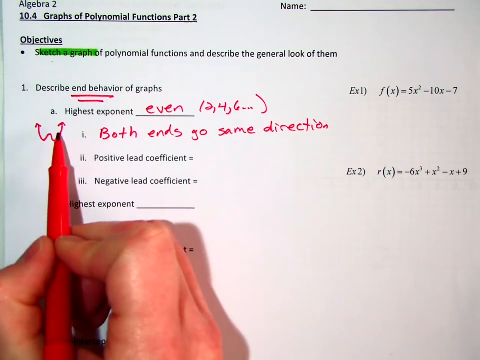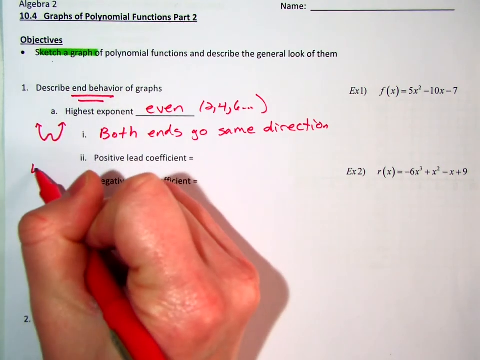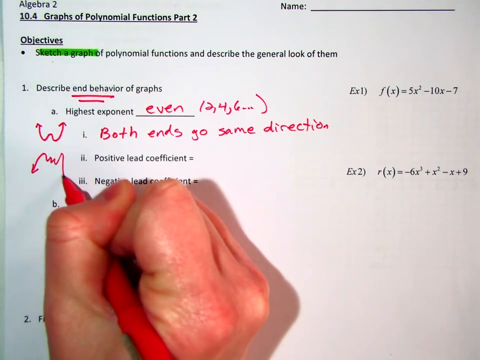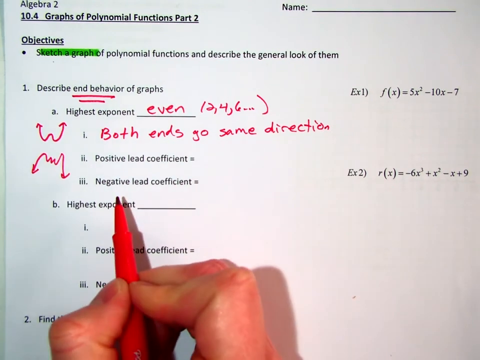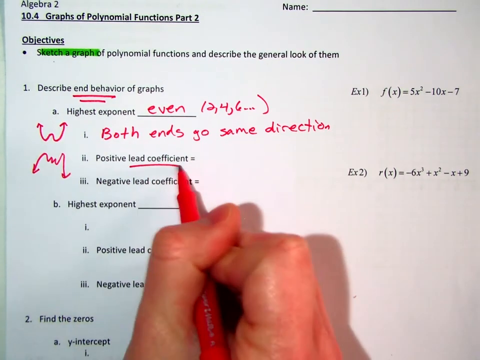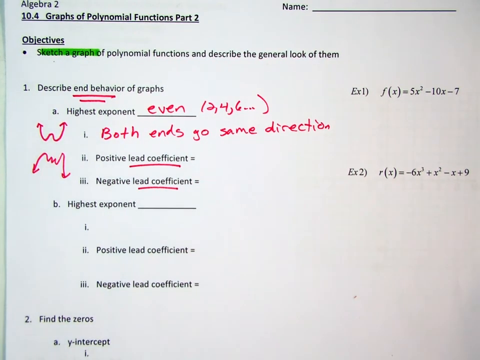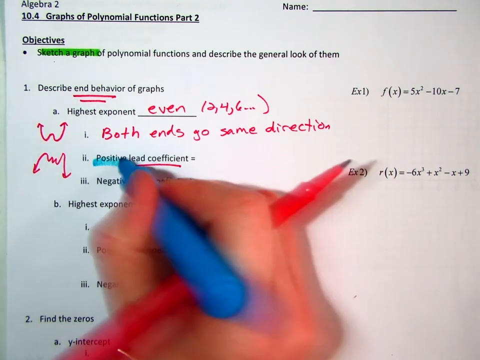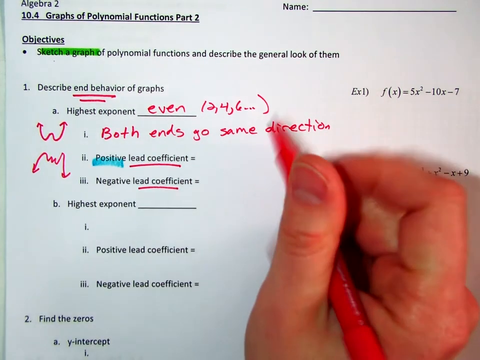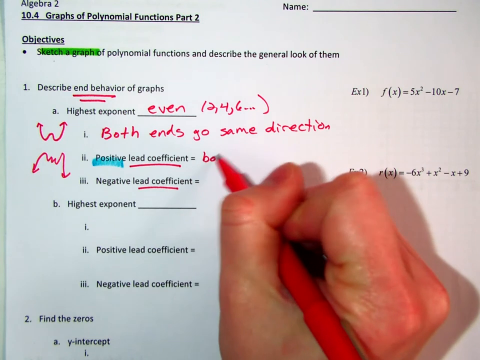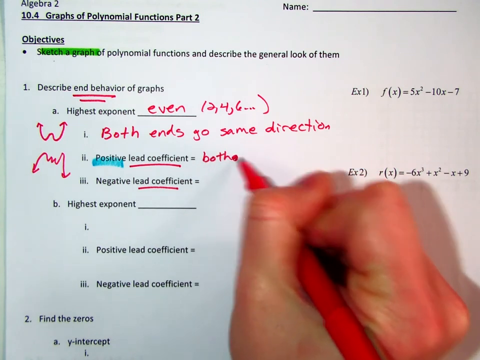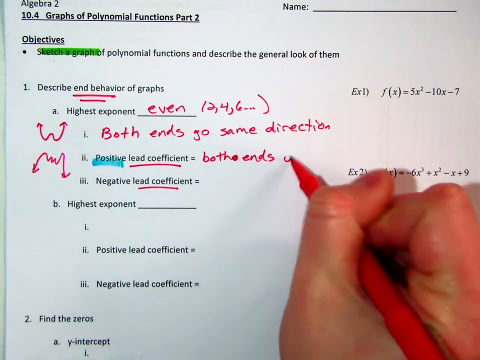Now we need to decide, how do I know if both ends go up, and how do I know if both ends go down? The way that we decide whether they go up and down is by looking at the lead coefficient, right? So if we have a positive lead coefficient, that means that both ends will go up.